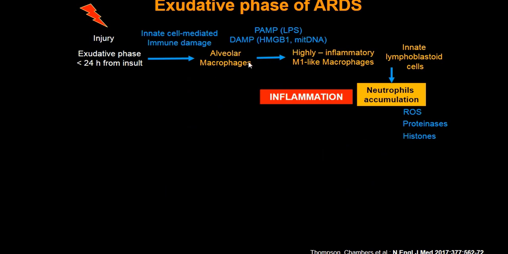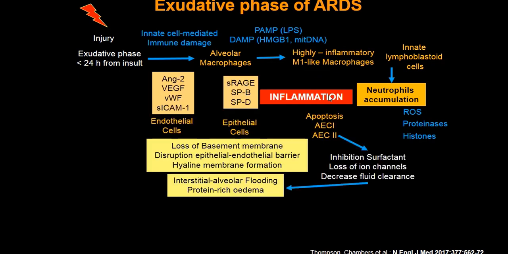The alveolar macrophages, which are the most common cells in the alveoli, once they meet the inflammatory pathogens through the pathogen-associated patterns or the damage-associated patterns, transform themselves into something very highly inflammatory called M1-like macrophages, and they lead to neutrophil accumulation and inflammation.